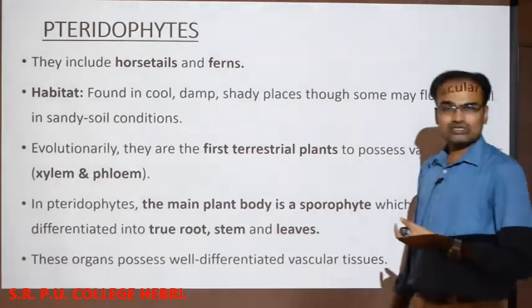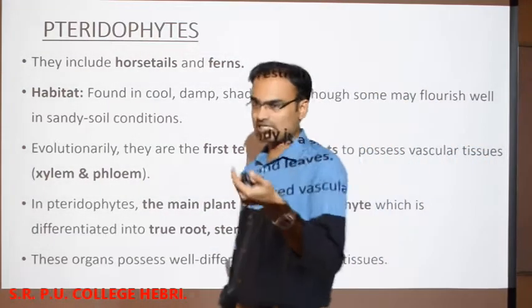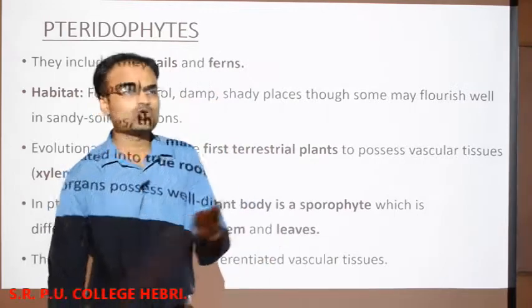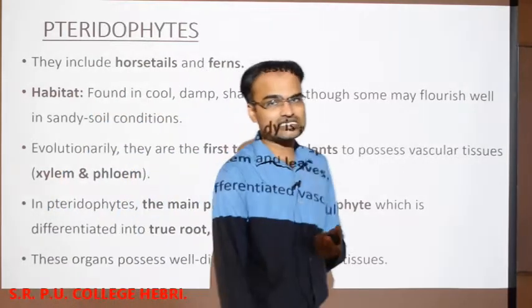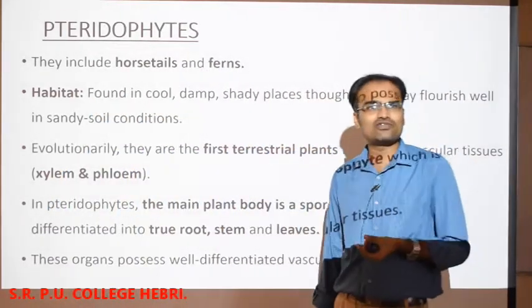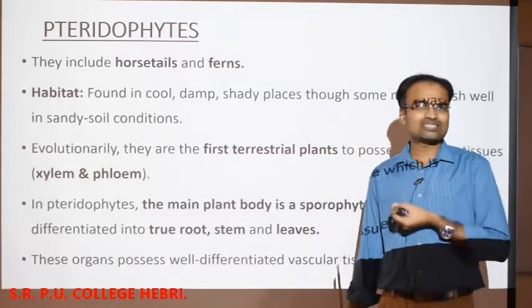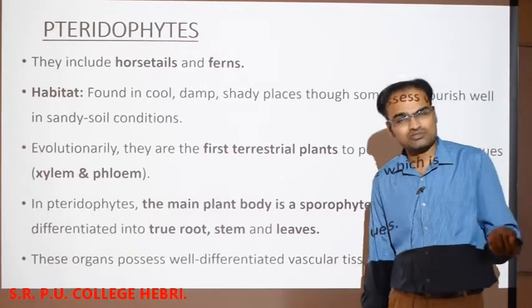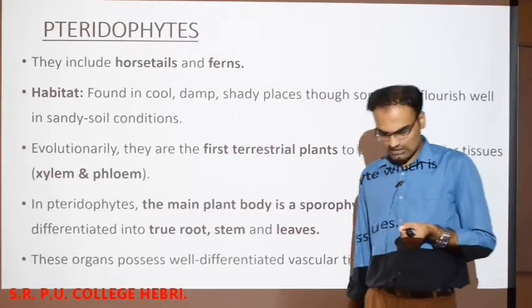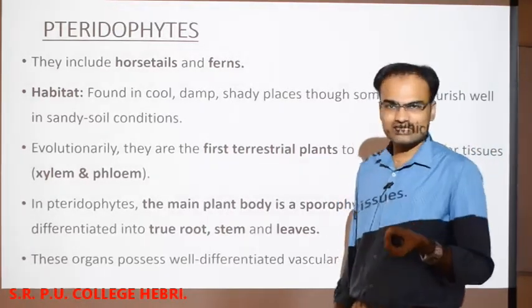In the algae as well as in the bryophytes, there was no presence of vascular bundles, isn't it? The xylem and phloem were not developed, isn't it? So they don't possess any vascular system, that means transport system, because their body is thalloid like, isn't it?